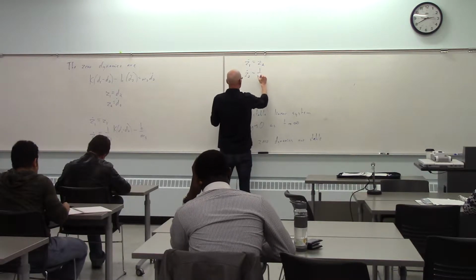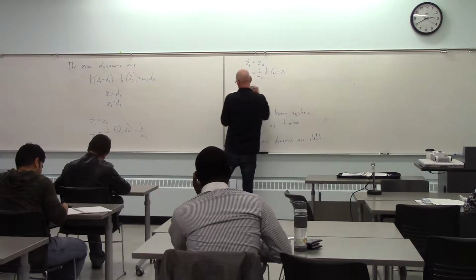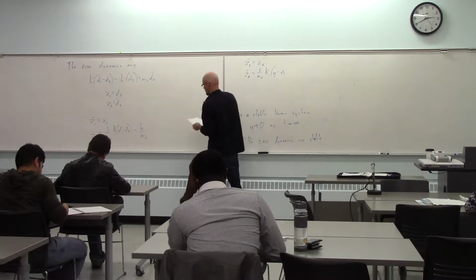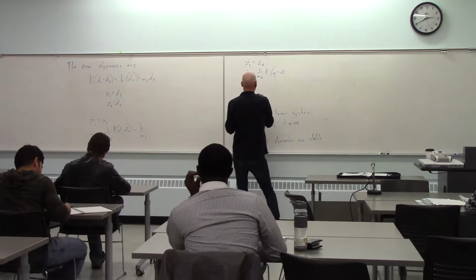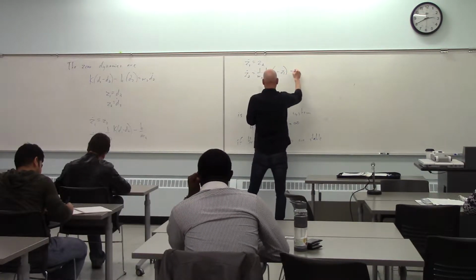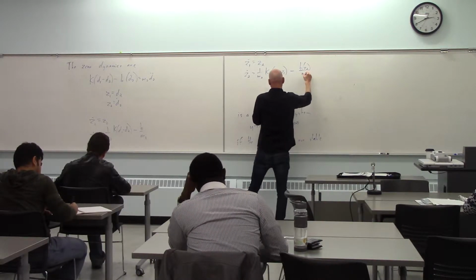I get 1 over M2 times K (Y minus Z1), minus B of Z2 over M2.